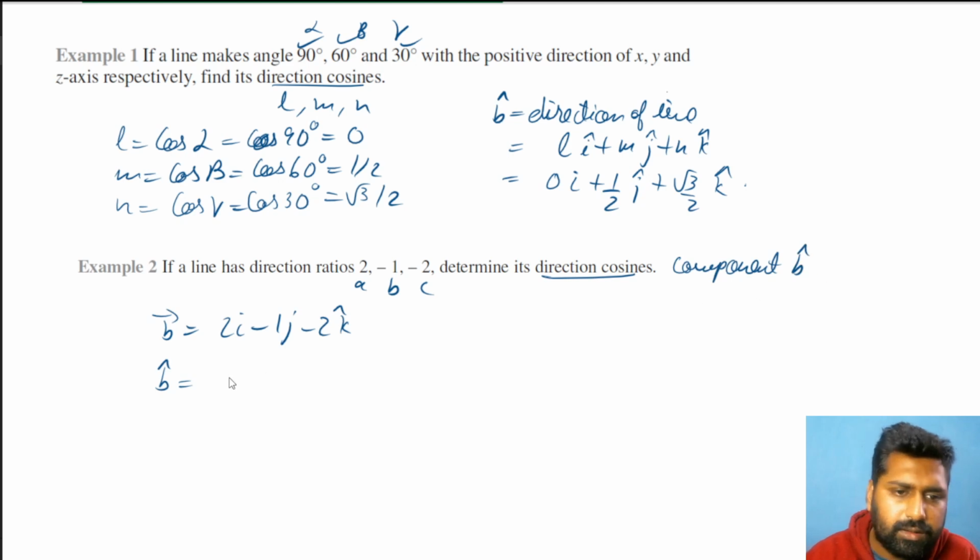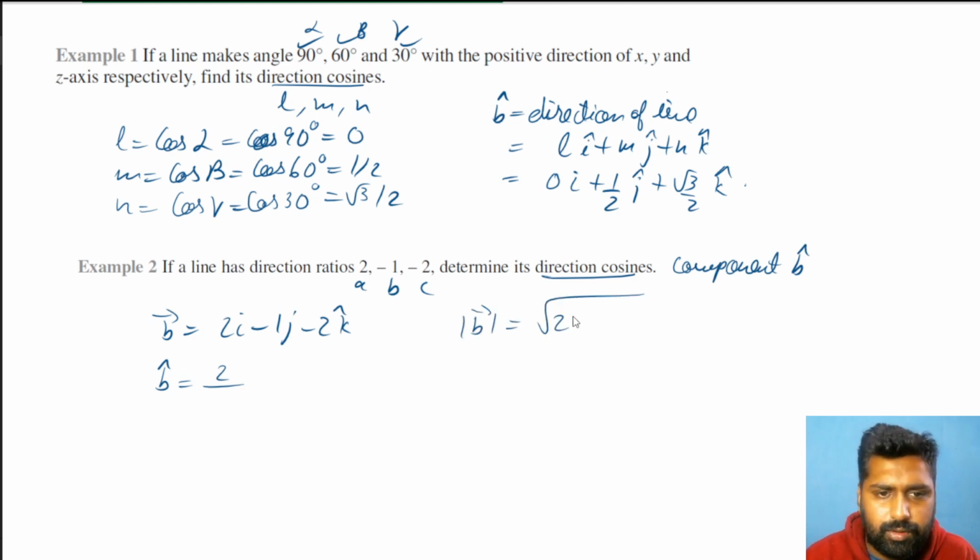But I am going with the idea that direction cosine means the components of the b cap vector. So what's b cap? 2i minus j minus 2k upon the magnitude of this. Let's calculate the magnitude first. Magnitude is square root of 2 square plus minus 1 square plus minus 2 square. After studying vectors, you should be comfortable with this. Otherwise, if you're directly doing 3D, you'll get confused.